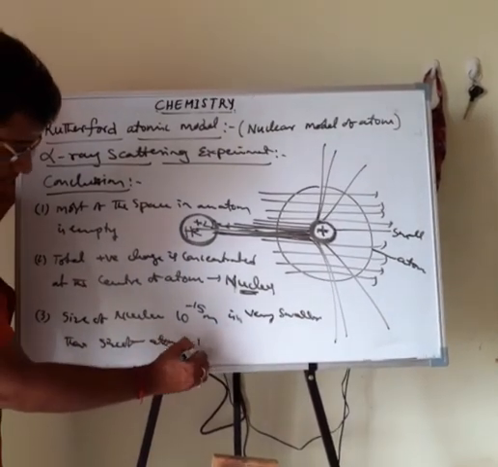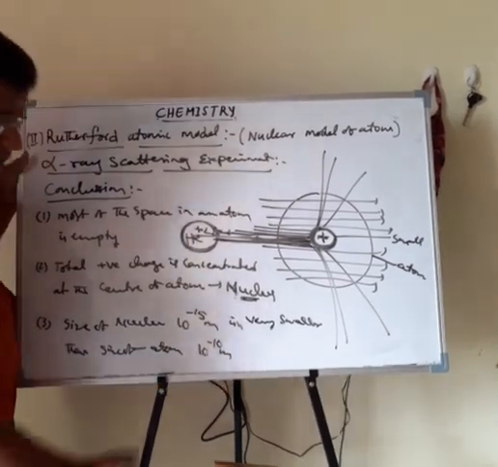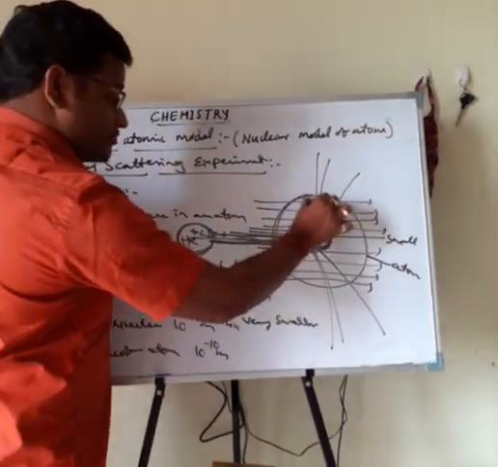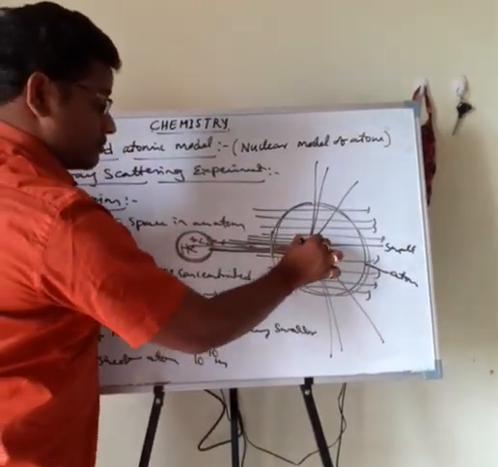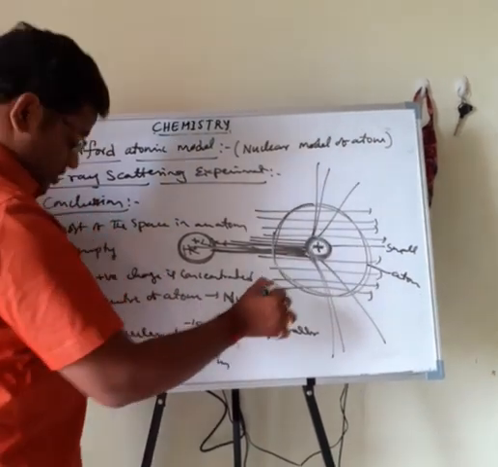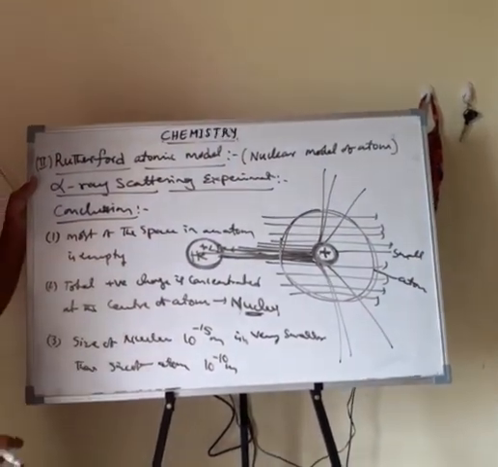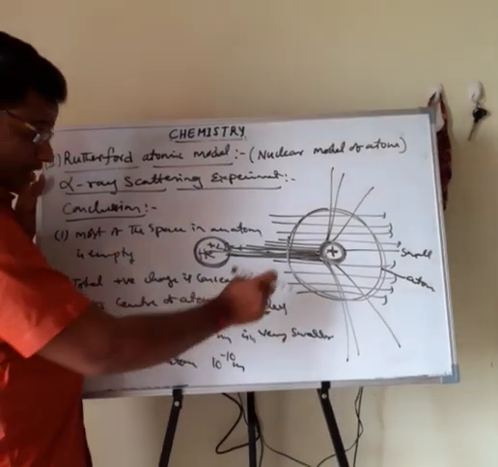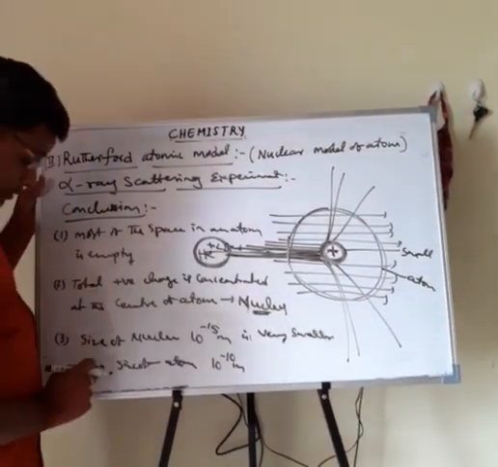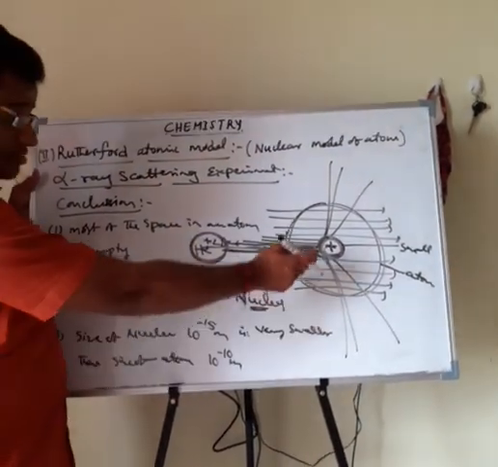The size of the atom is 10 power minus 10 meters. So the atom is very large, but the nucleus is very small. That is about the third point.